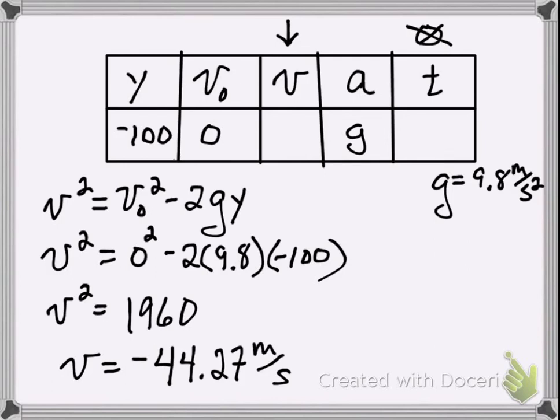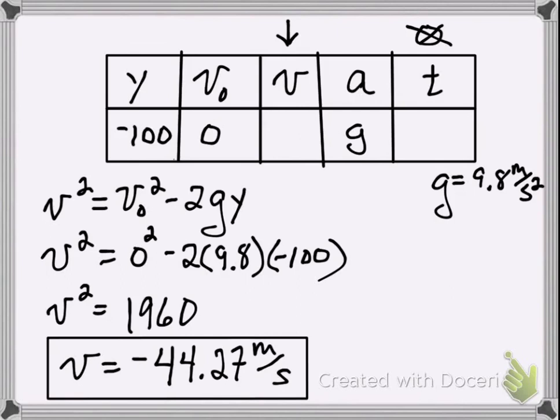So that is the answer to that first question. Okay, we know that the object just at the moment that it's about to hit the ground is traveling at 44.27 meters per second, and it's falling downward. So we just figured out what goes in this box.